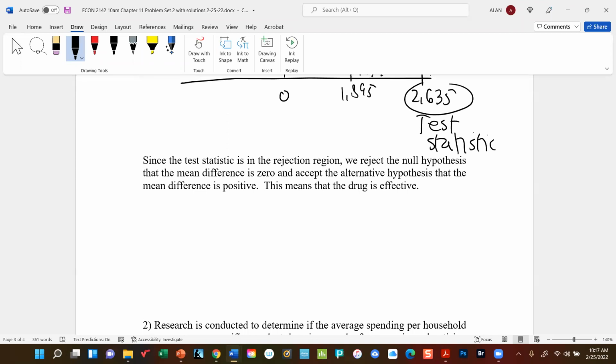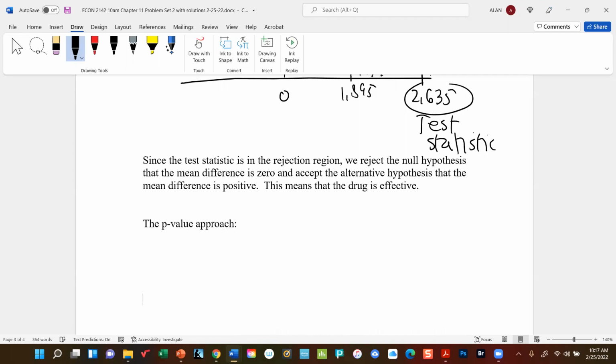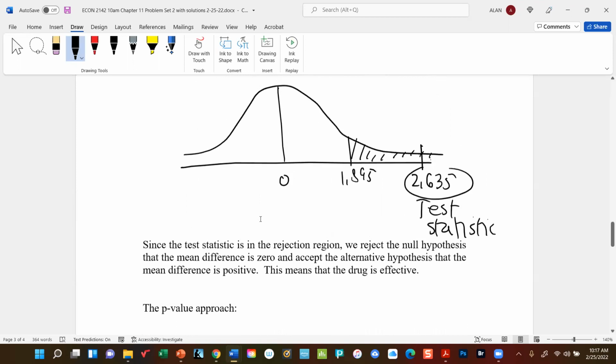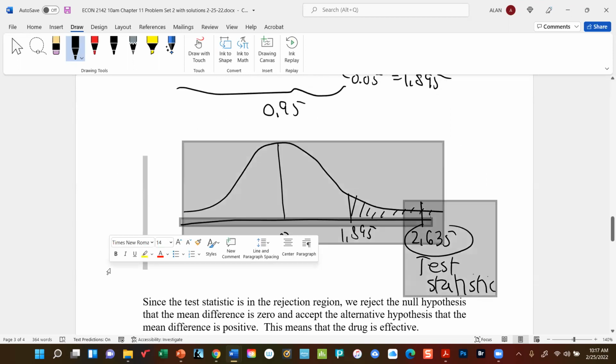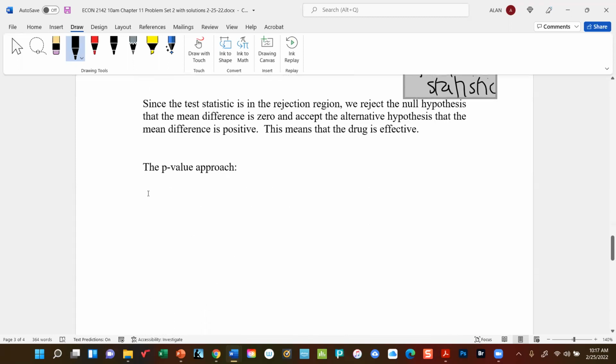Okay, now, what if we wanted to use the p-value approach? I think everybody prefers the p-value approach, but that's okay. We're going to do both just because I really want everyone to understand what we're actually doing here.